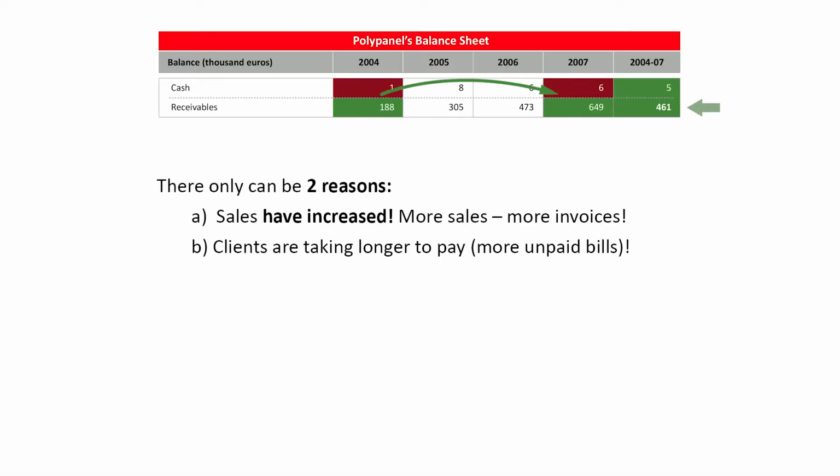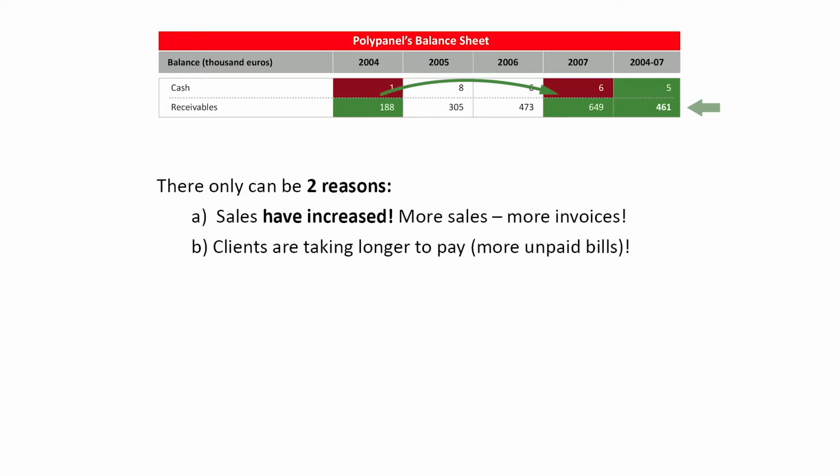But it could be the case that even with the same level of sales, we might have receivables that are increasing. And this could be due to the fact that customers are paying each time later and later. So the invoices in your box of invoices are being accumulated there.